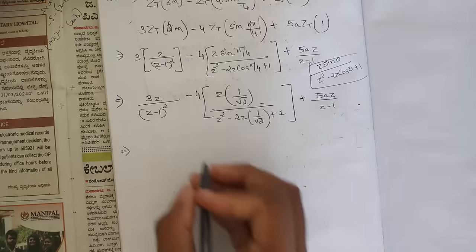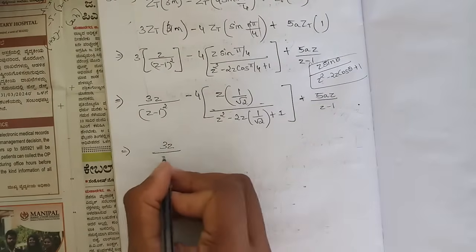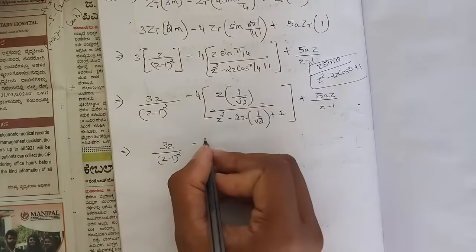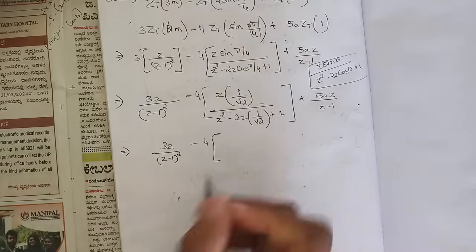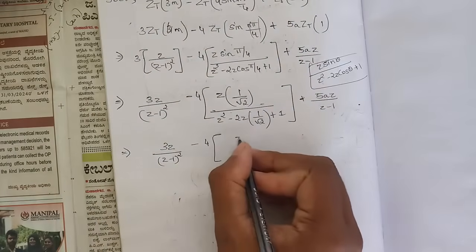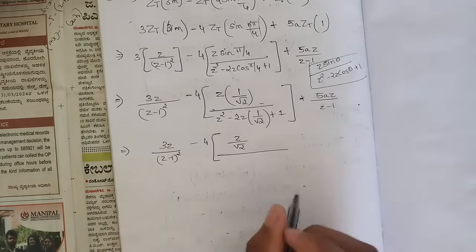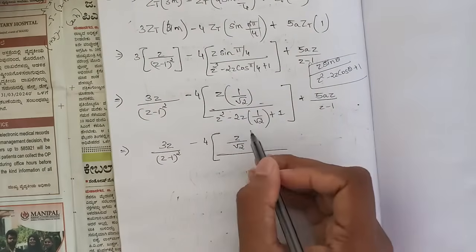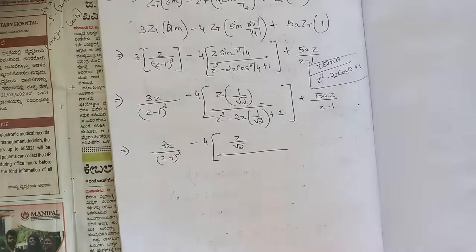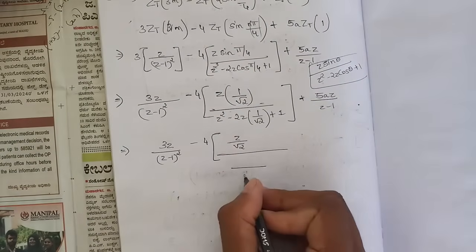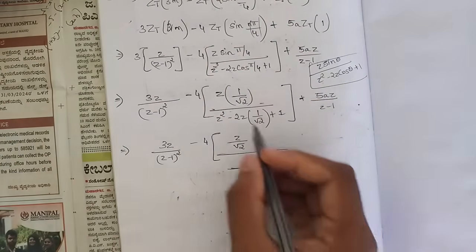Let's further simplify this. z by root 2 divided by, here the 2z by root 2, right? We can take root 2 as an LCM for the denominator and we'll write the remaining terms.